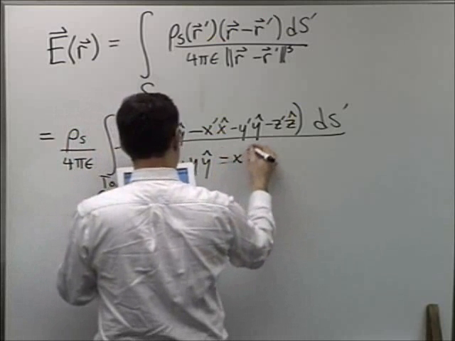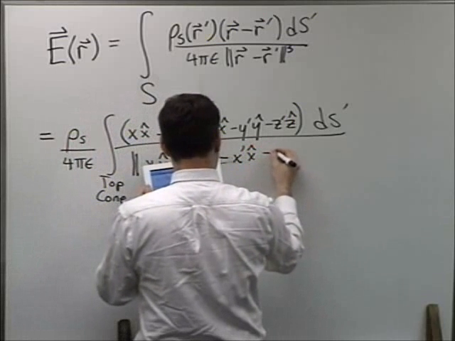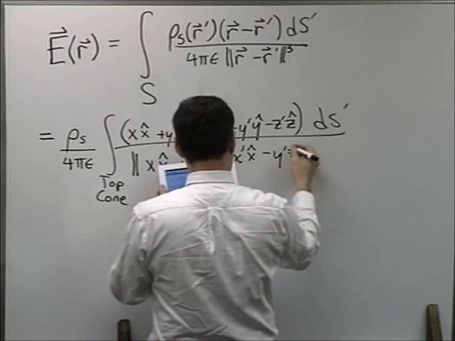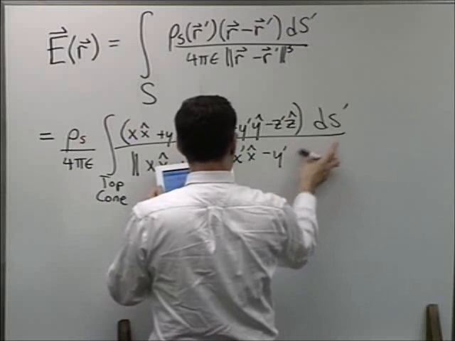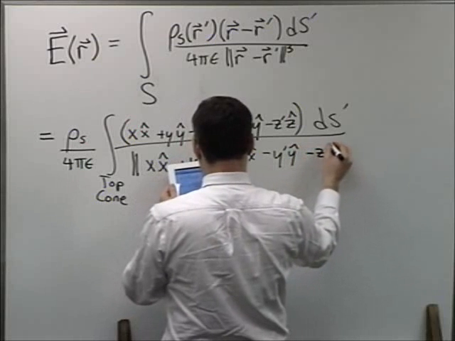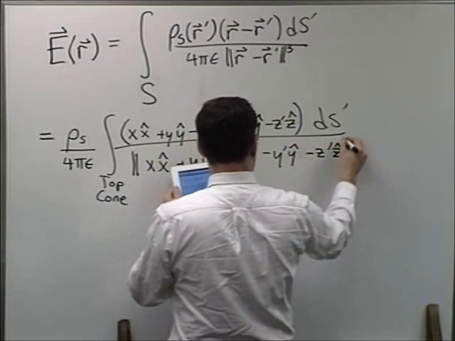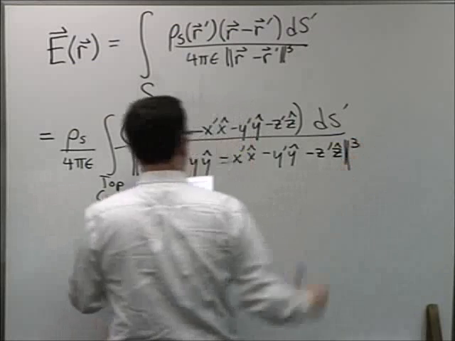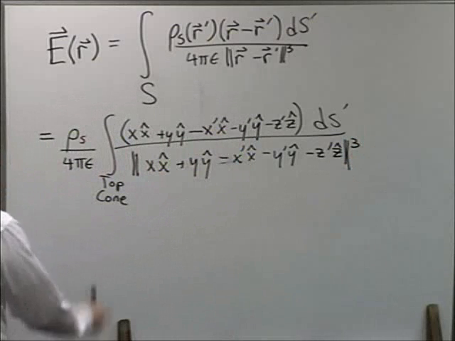So at least I was able to make a little bit of simplification by saying my point of observation is always z equals 0. Okay, that's the top cone.